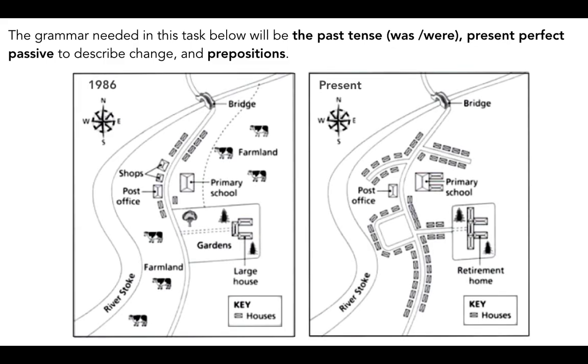Now, in this task here, the grammar needed would be the past tense, so was, were, the present perfect or present perfect passive to describe changes, and we'll need prepositions and the language of location. So this is what we're going to look at in this lesson.